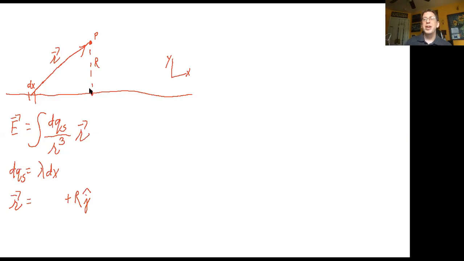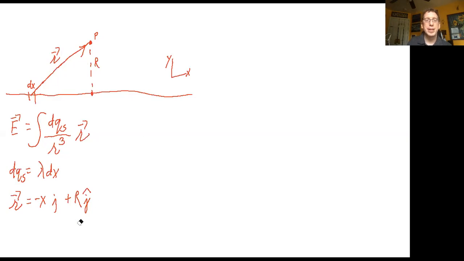So if your x coordinate is positive, your vector is pointing in the negative x direction. And if your x coordinate is negative, your vector is pointing in the positive x direction. So the x component of the r vector is negative x.